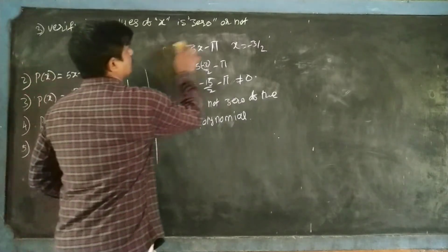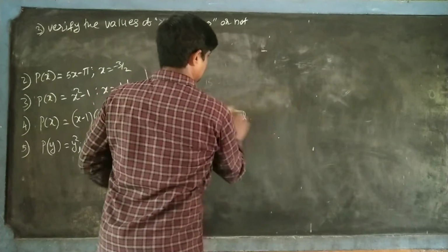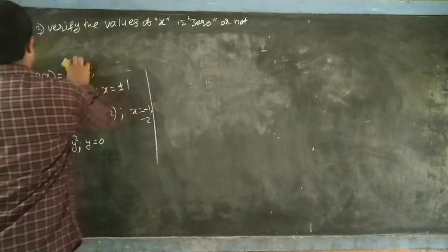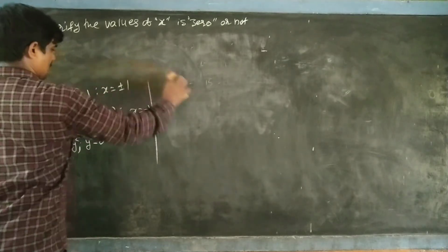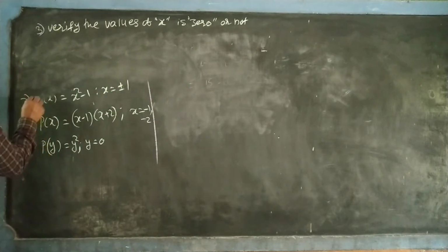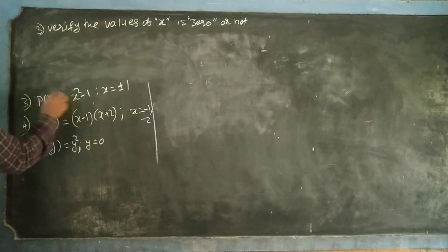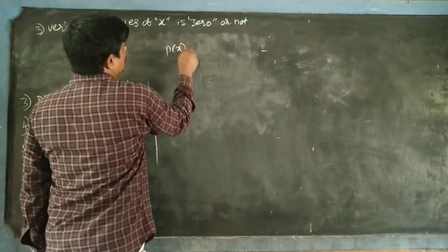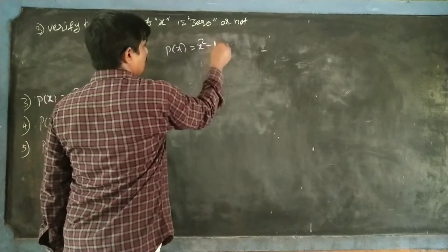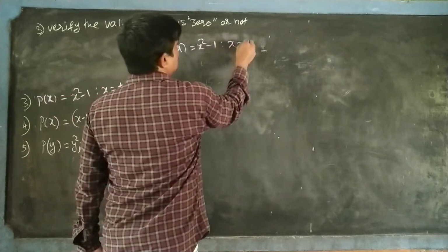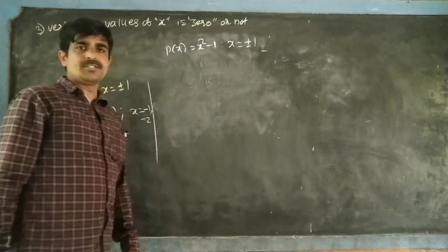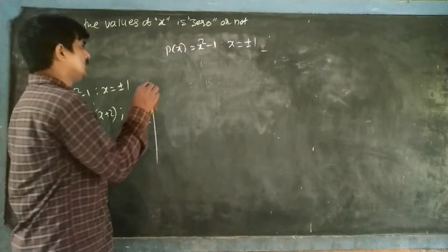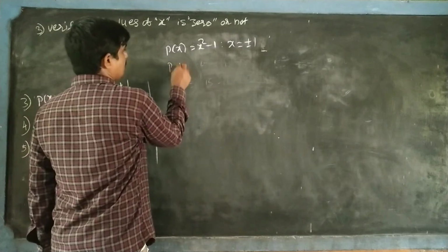Okay, next. Next I am taking this P of x is equal to x square minus 1 and x is equal to plus or minus 1. That means you have to substitute x is equal to 1 first, and second, x is equal to minus 1. So substitute x is equal to plus 1.